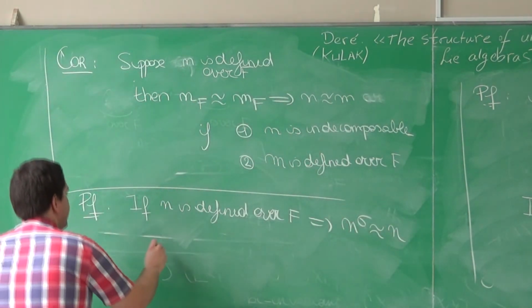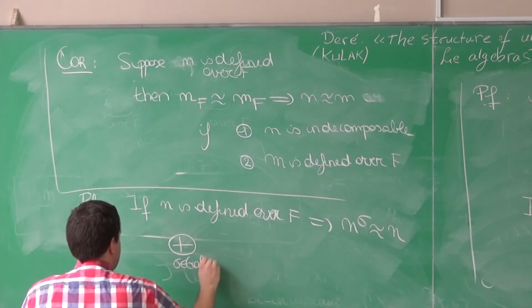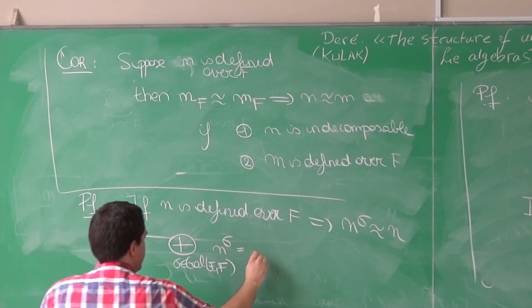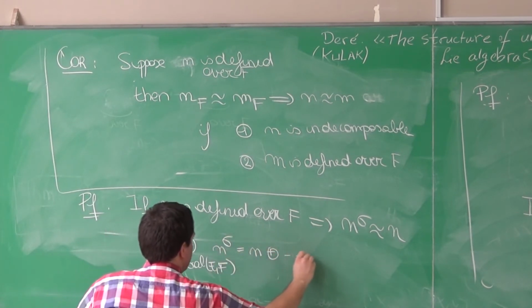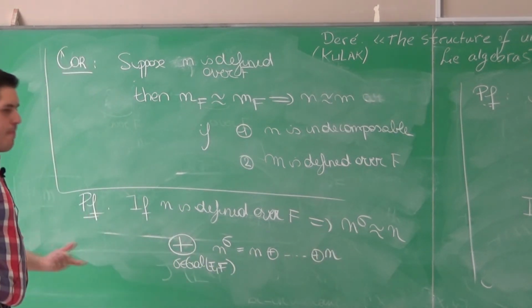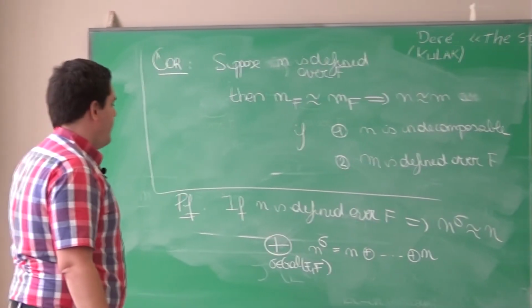In other words, this direct sum of n sigmas is just n plus n plus n, you have k copies of n. Okay.